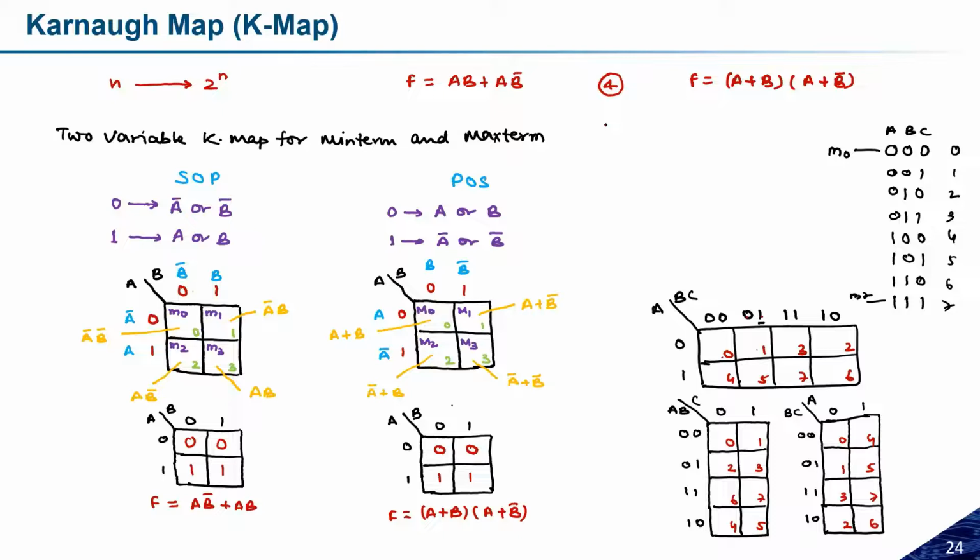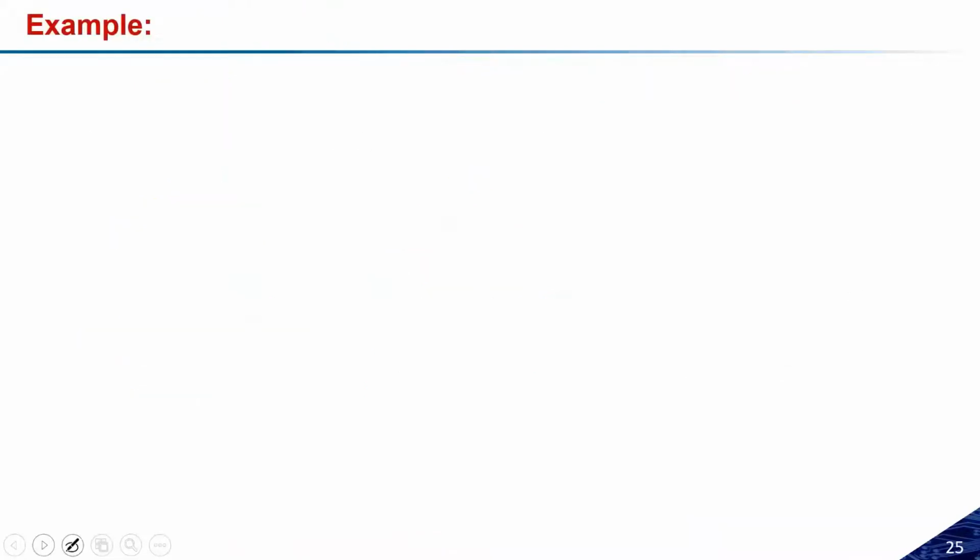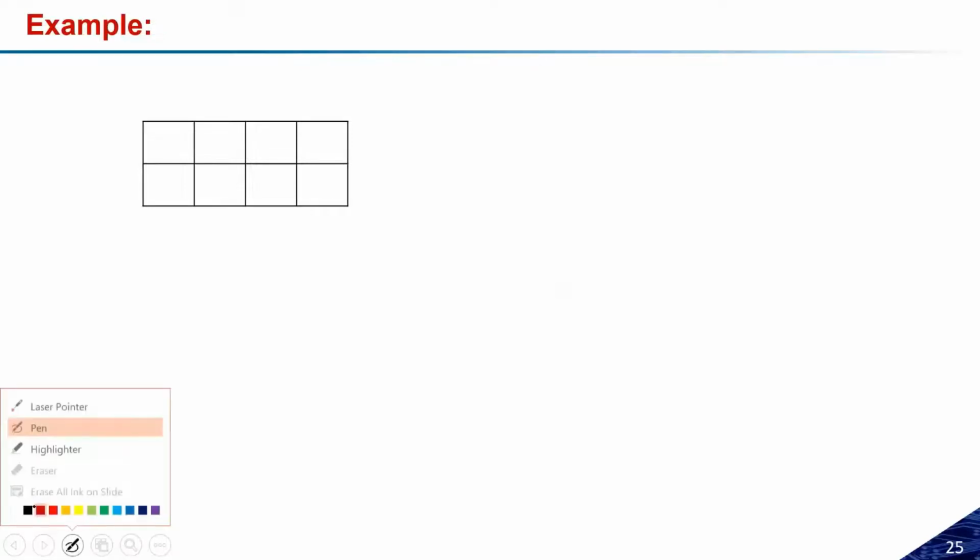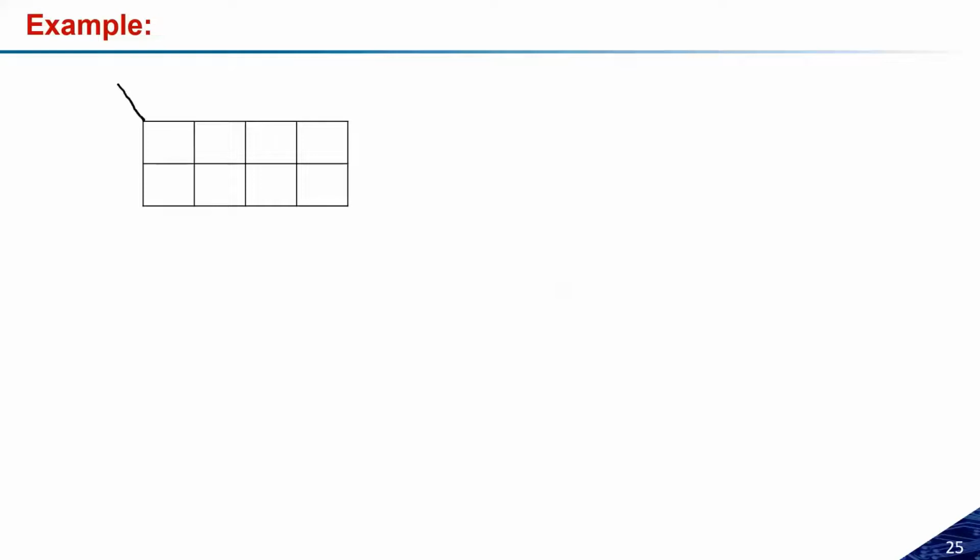Okay. So now let us consider some examples. Suppose I have a three variable K-map, something like this. Let us assume I'm placing A, B, and C here. And let us assume 0, 1, 0, 0, 0, 1, 1, 1, and 1, 0 I have.